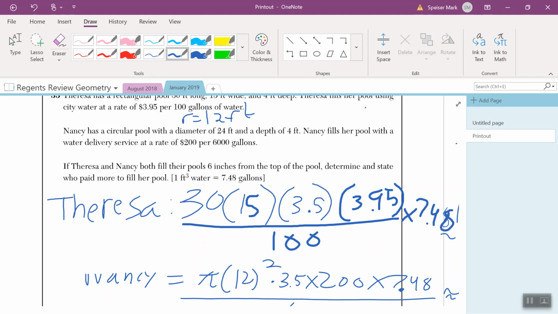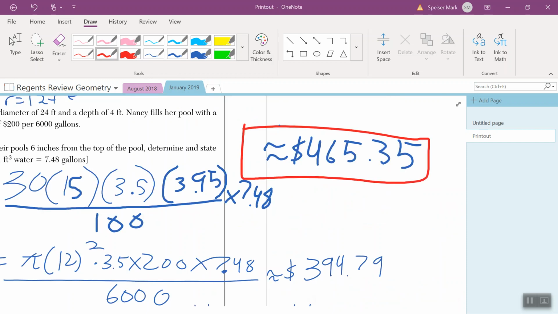Take out your calculator to calculate that amount. You get $465.35 approximately.